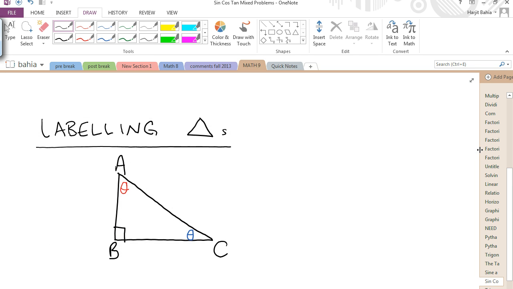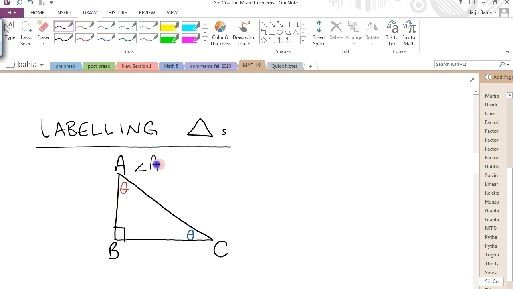Okay, now, labeling triangles. The way that these word problems are going to be set up is that you're going to have to understand what they're talking about. They're going to use certain symbols. And these are the symbols that they're going to use. Let's say we're looking for angle A. The symbol that they use for angle A is this. Little angle sign like that.